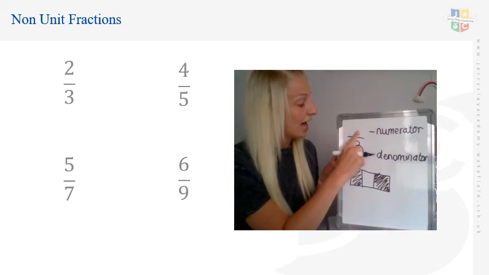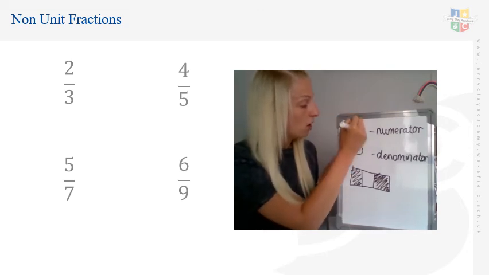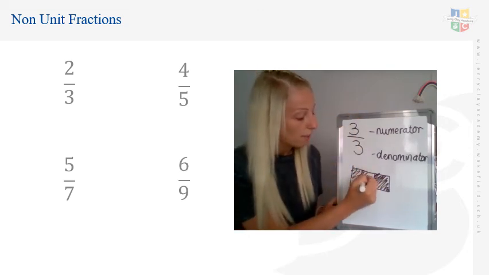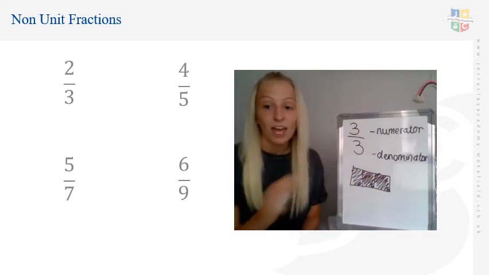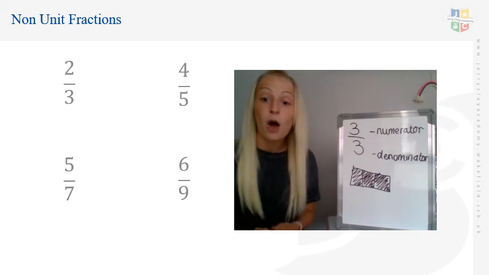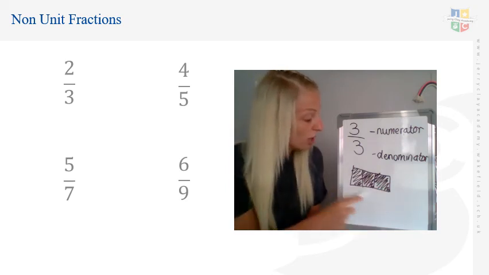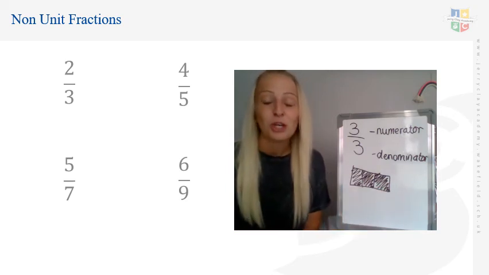Now, if I colour one more, so I have 3 parts of the 3 equal parts shaded, I have 3/3, and we also call this a whole because I have the whole rectangle or the whole chocolate bar.